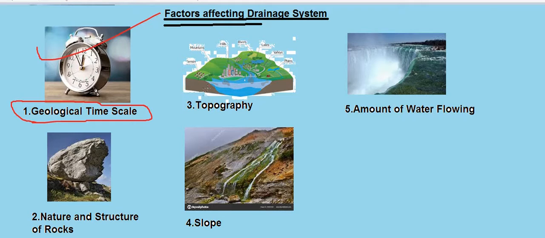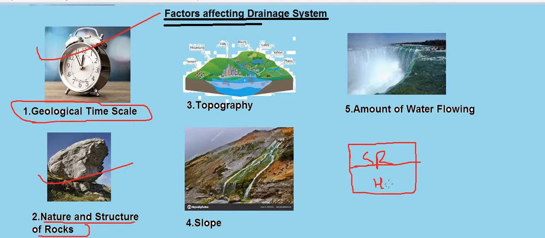Now, the second point is the nature and the structure of the rock. What is the nature and structure of the rock? Suppose this is a big rock, a combination of soft rock and hard rock.